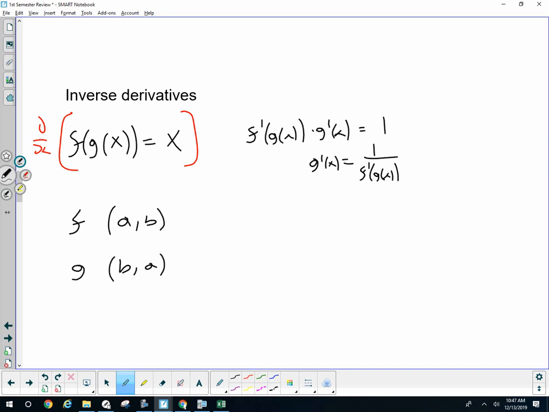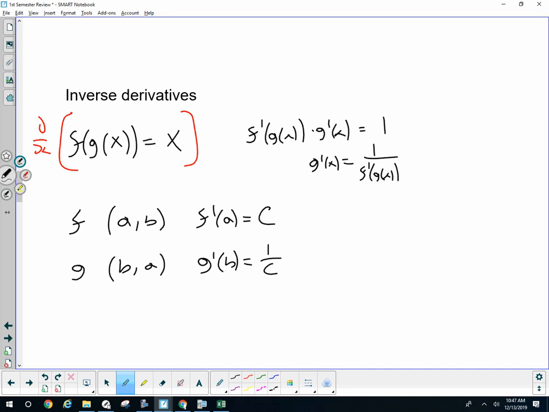What this essentially says is that if you have the point a, b, and let's say the slope at this x value a of f is c, g, the inverse, will have a slope at b that will be 1 over c. It's just like 1 over the derivative of f at the flip-flop point.